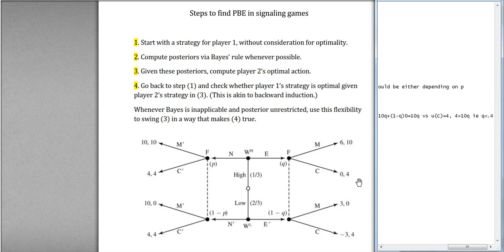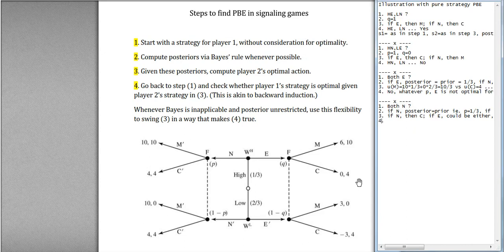Okay, so the posterior needs to be pessimistic enough. The firm needs to say, oh my gosh, I just observed something totally unexpected. I don't know what to think of it. Well, the thinking has to be pessimistic, has to be cynical. You know what? These people who get educated are most likely just trying to fool me. Most likely this job applicant is low ability. Okay, that Q has to be at most 0.4.